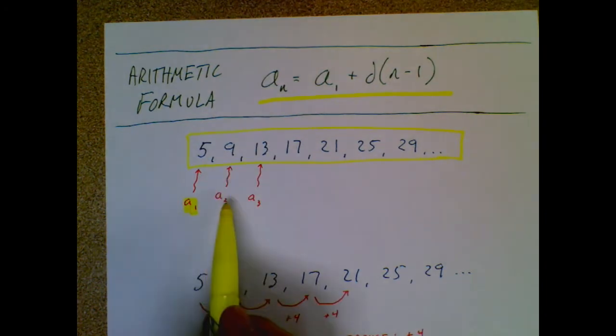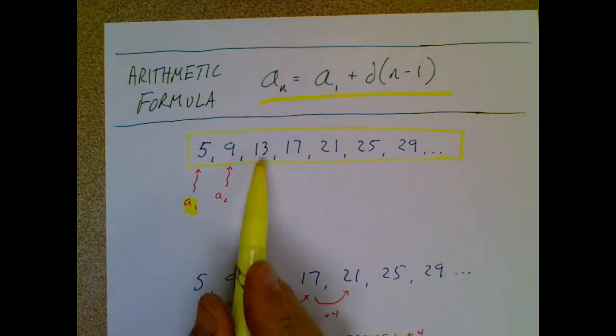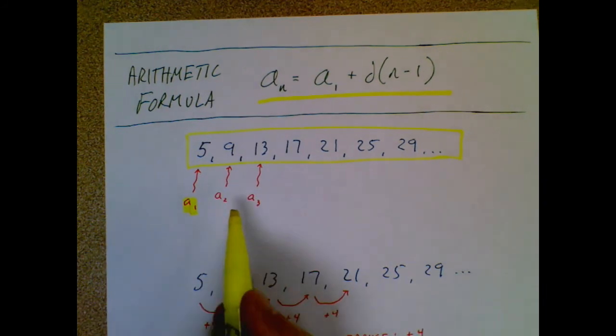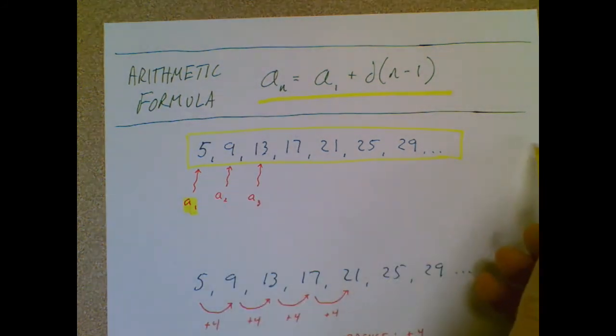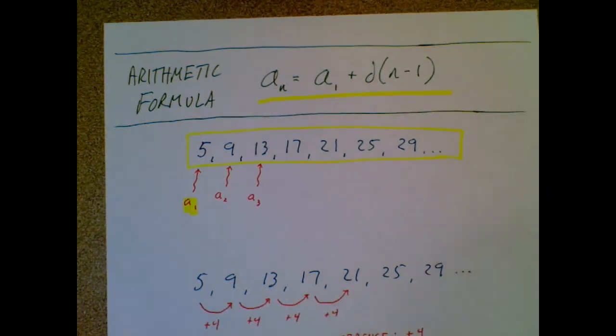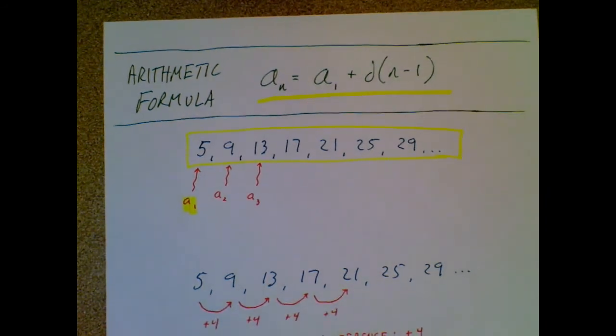A sub 2, the second term. A sub 3, the third term. So you get it. Somewhere way over here, off the page, is probably an A sub 78, the 78th term in the sequence.